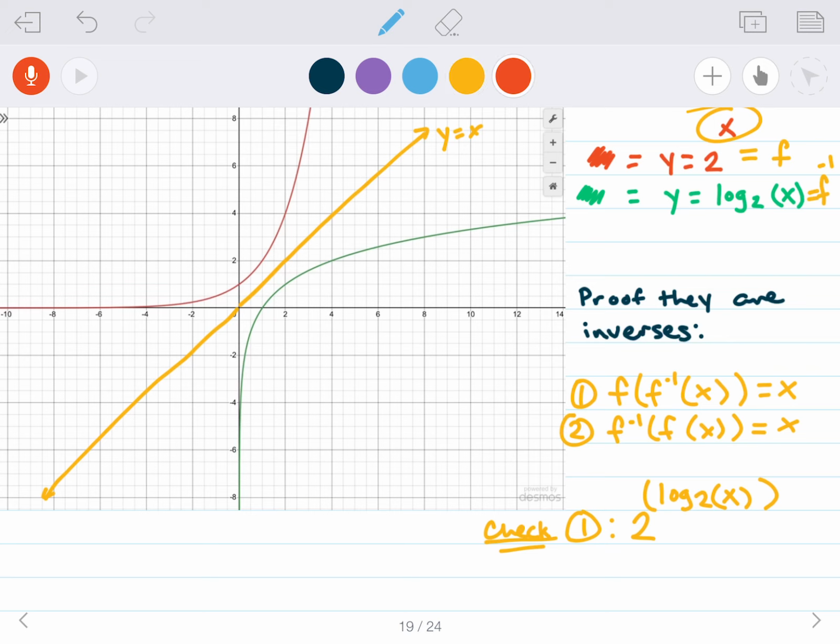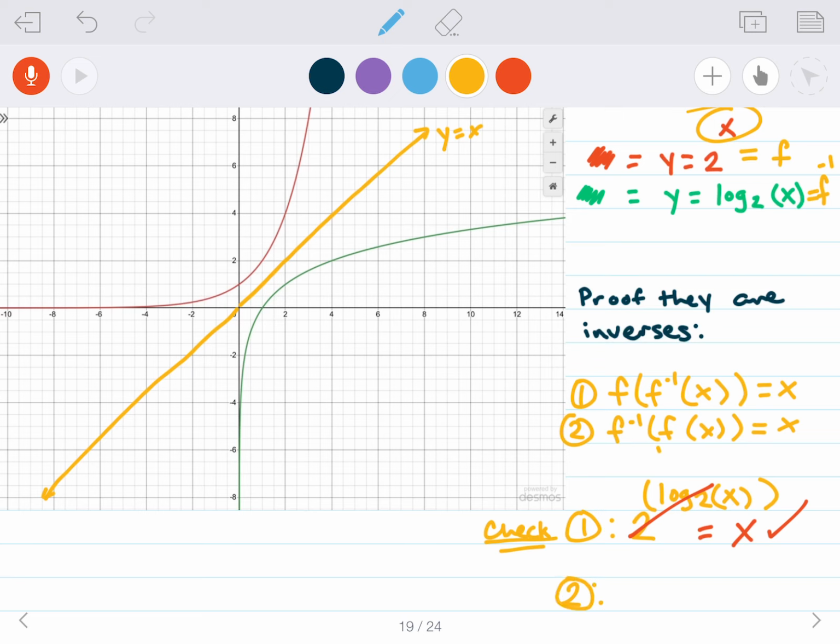And remember the inverse property that we talked about: base 2 and log base 2 cancel out, and we're simply left with x. So that checks out.